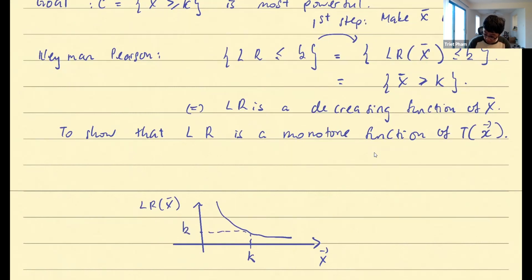And you see, your X bar bigger than K is exactly when your likelihood ratio is less than little k. Are we okay? Any question?